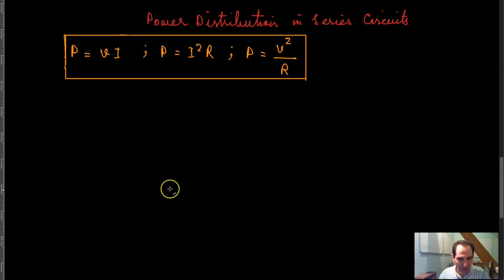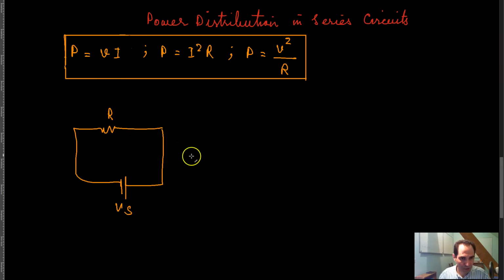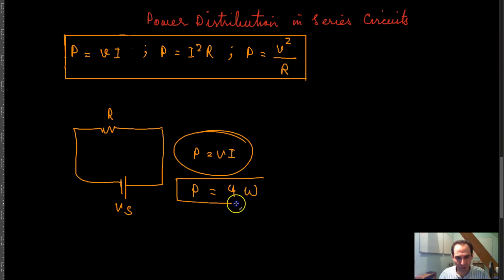For example, in a circuit like this, depending on your V of S and your R, you can calculate some power with P is equal to VI, for example 4 watts.